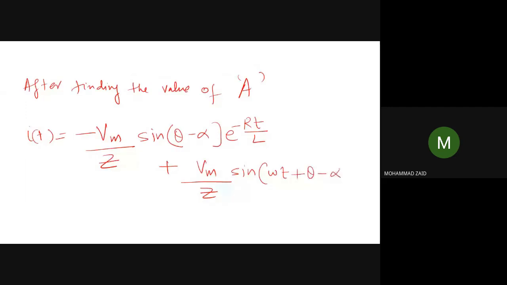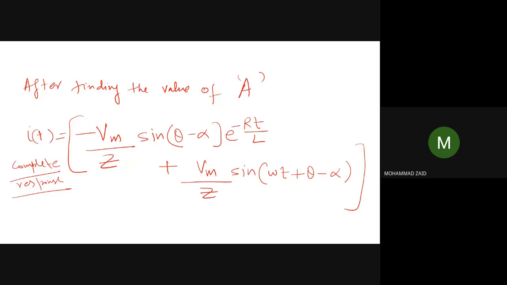So this is the total current, or the complete response i(t) of the RL circuit.